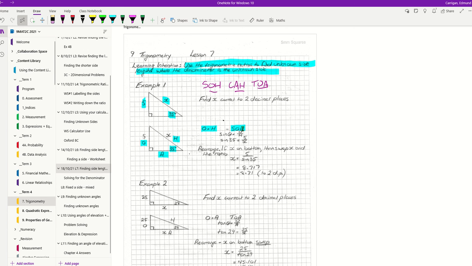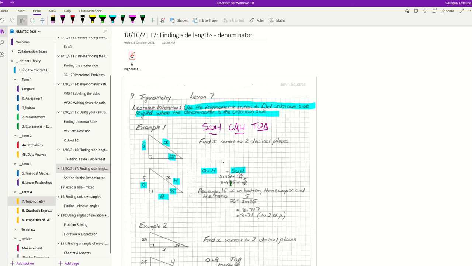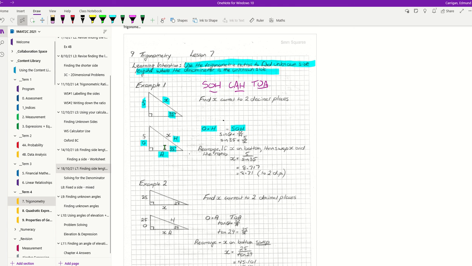So sine theta, sine of the angle, is equal to O on H from our SO. Substituting in our numbers, 35 for theta: sine 35 is equal to, our O is 5 and our H is X.